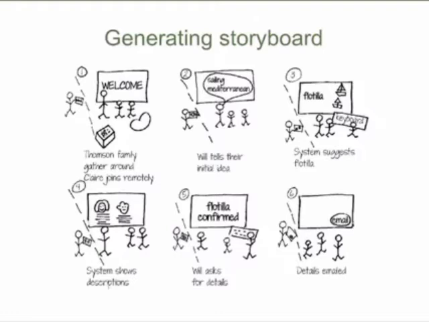The system's initial suggestion is to consider a flotilla trip, but Sky and Imon aren't happy. 4. The travel organizer shows them some descriptions written by young people about flotilla trips. 5. Will confirms these recommendations and asks for details. 6. The travel organizer emails details of the different options.